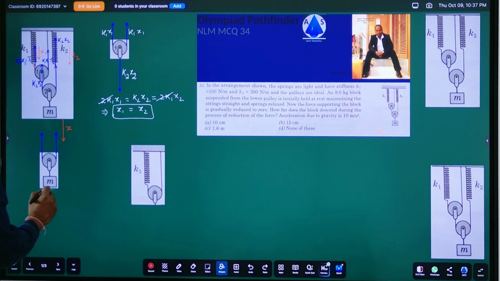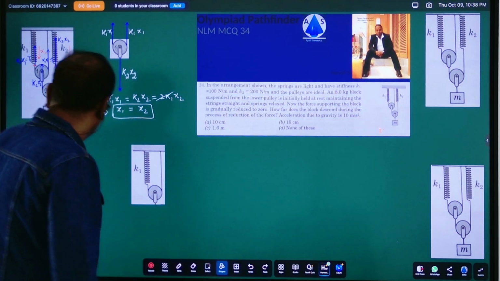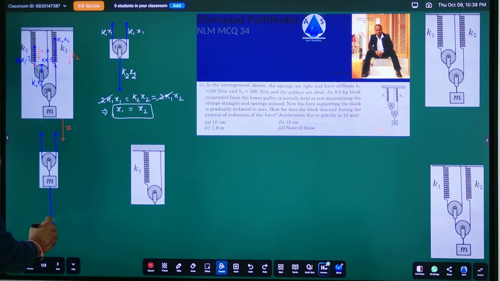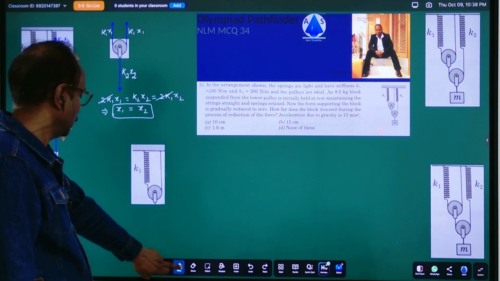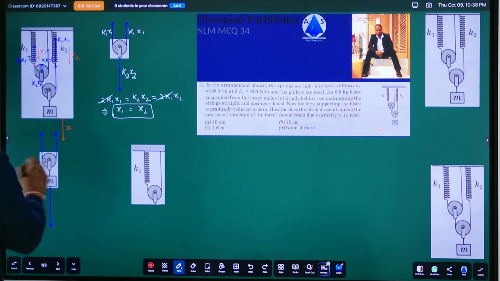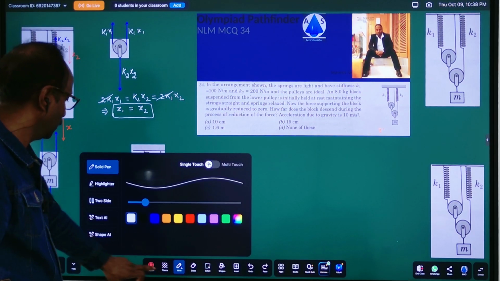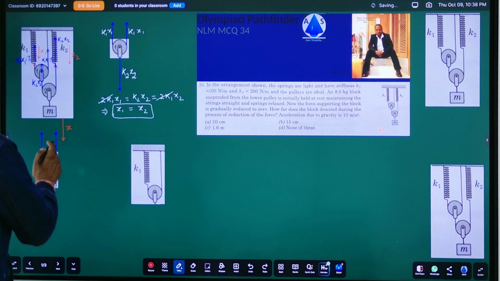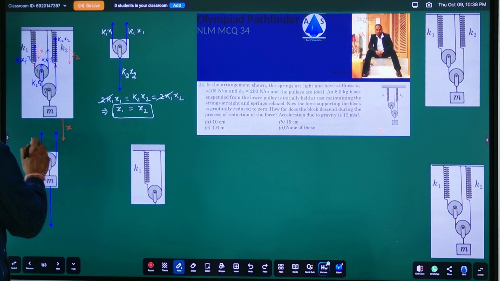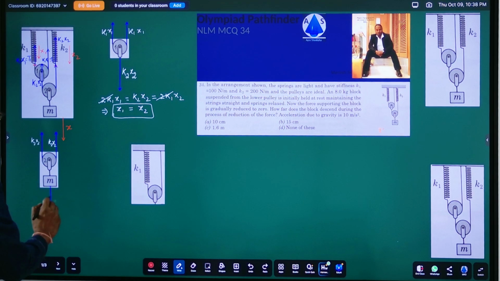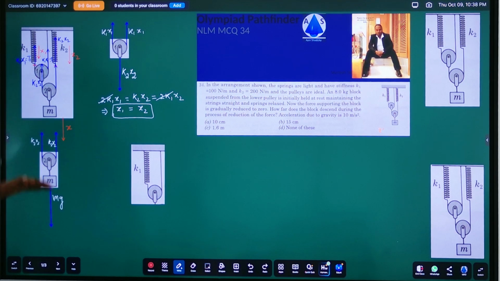And in the downward direction, it will be the gravitational pull on block M. Since it is in stable equilibrium now, the net force will be 0.